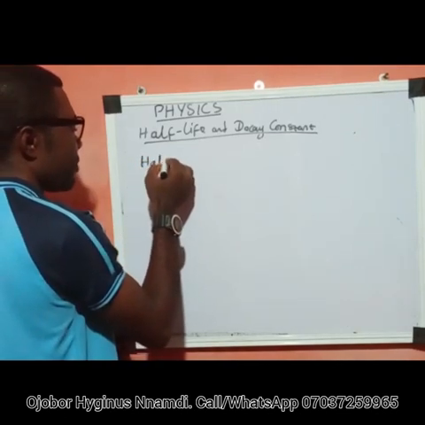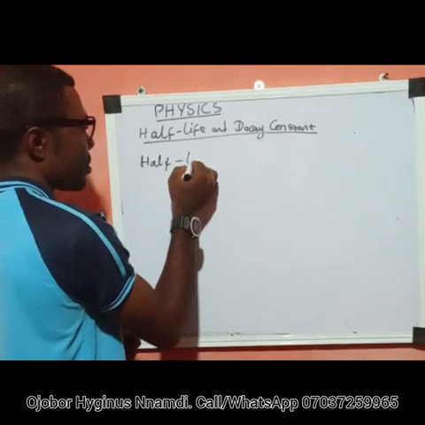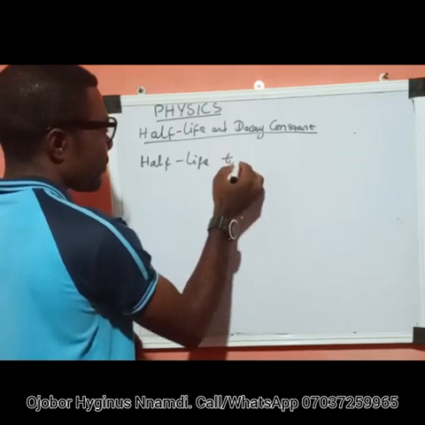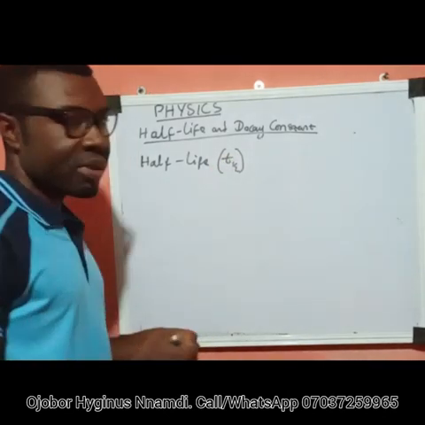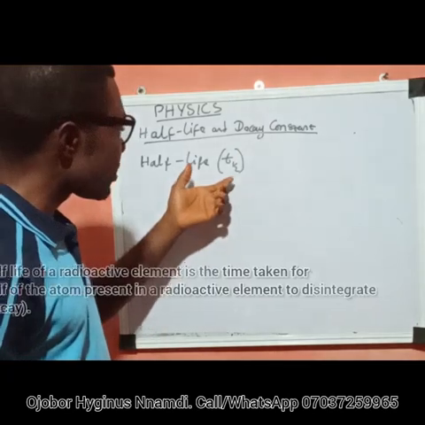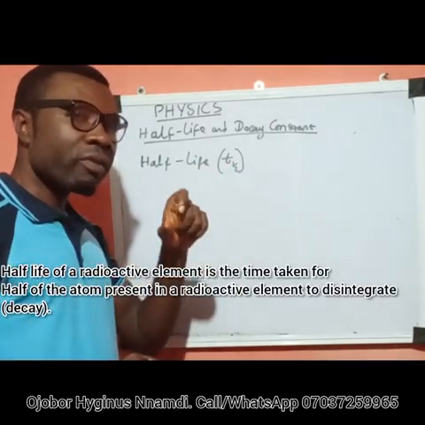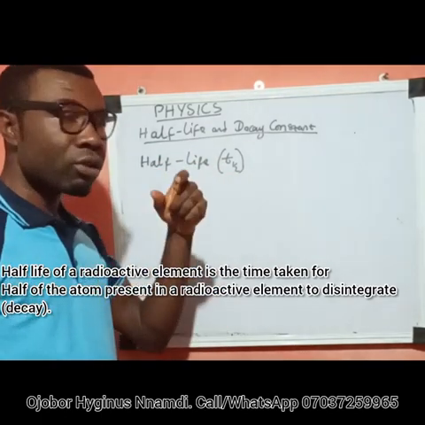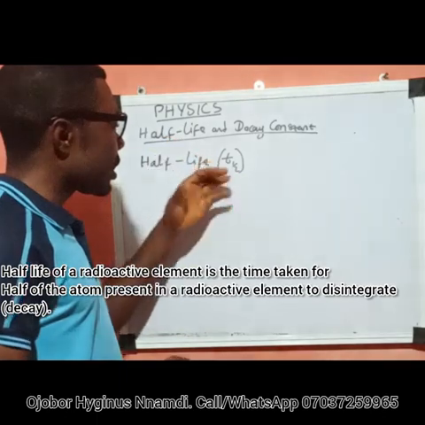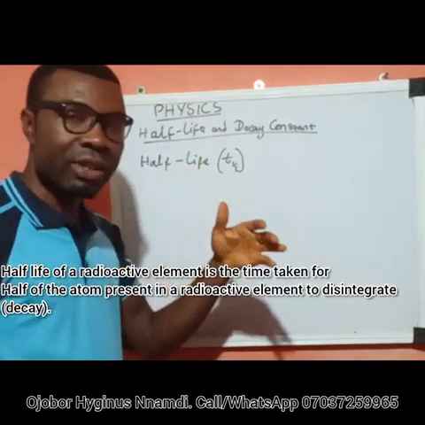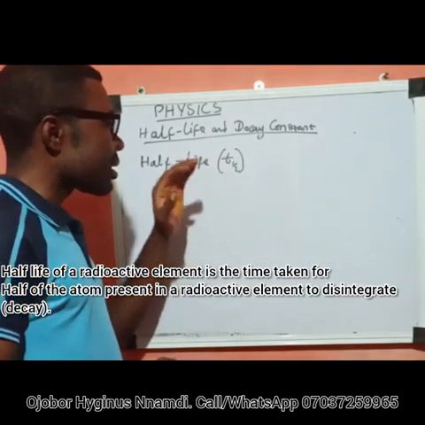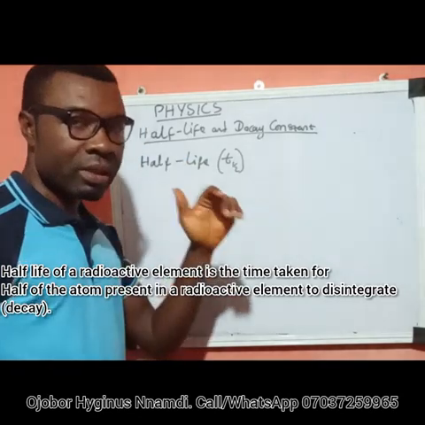What is half-life? Half-life, T half, that is what I use to represent half-life, is the time taken for half of the atoms present in a radioactive element to disintegrate or decay.